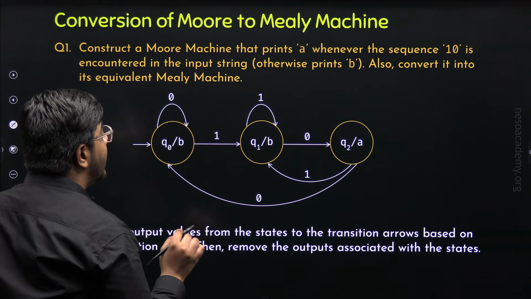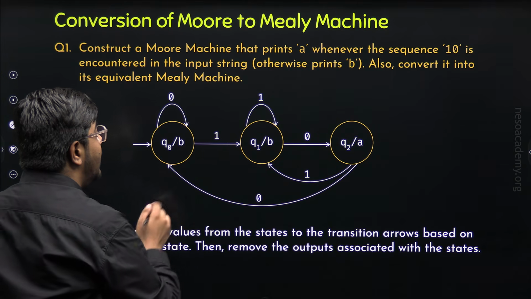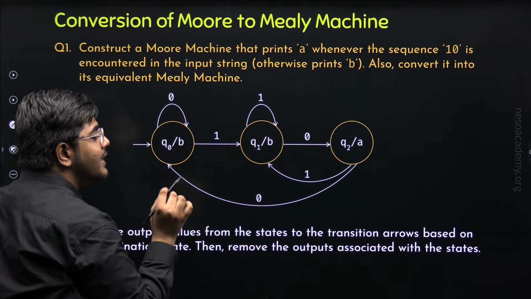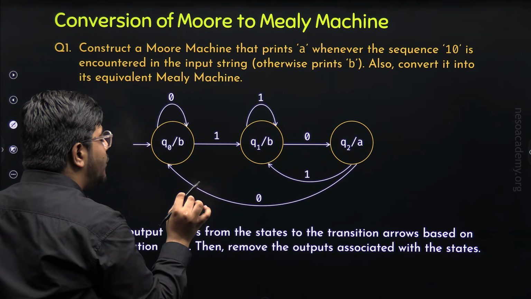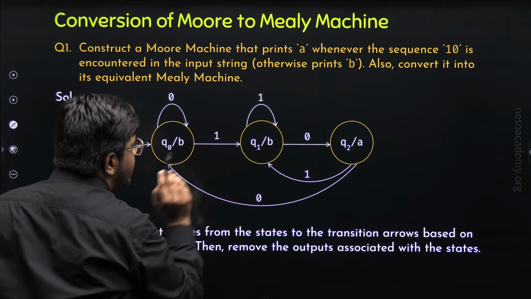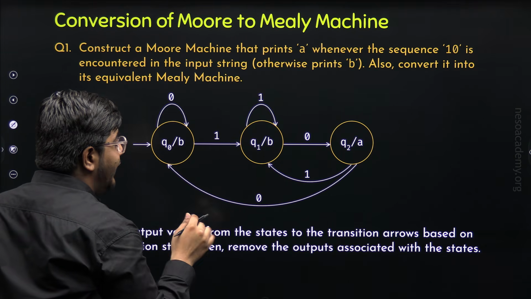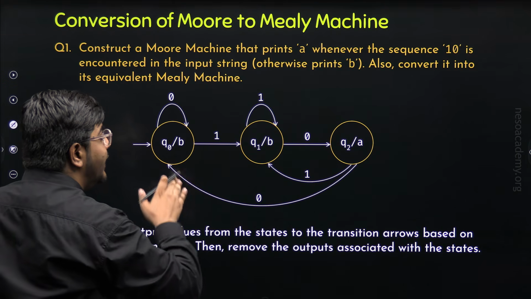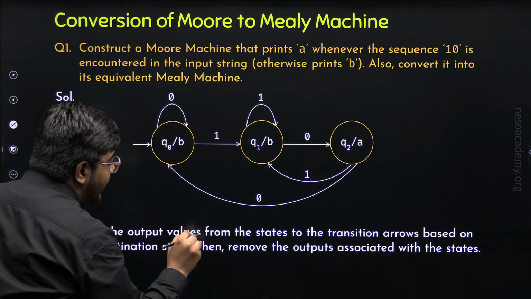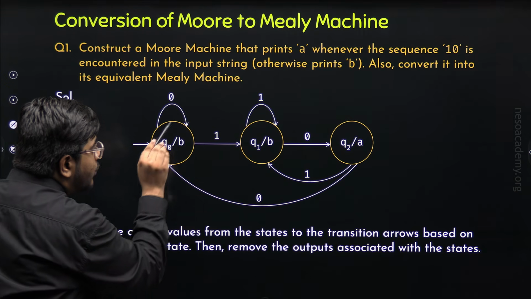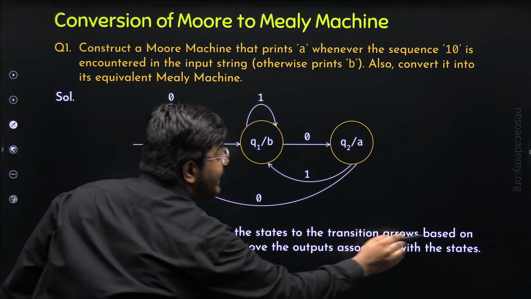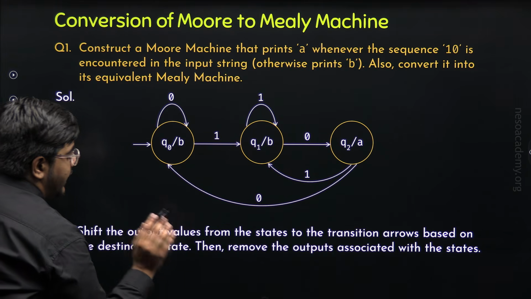You already know that in case of Moore machine, the outputs are written along with the states. But in case of Mealy machine, the outputs are written along with the input symbols over the transition arrows. That is why to convert this Moore machine into its equivalent Mealy machine, we are required to shift the output values from the states to the transition arrows. But it is done based on the destination state.